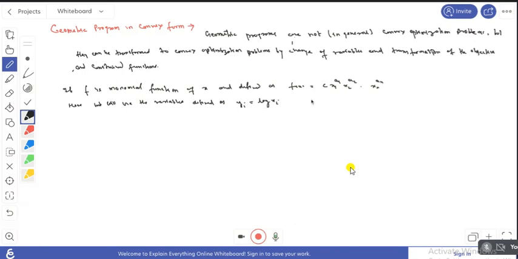If you take this, you can write in short, xi is basically exponential of yi. Means x1 is e to the power y1, x2 is e to the power y2, and so on.